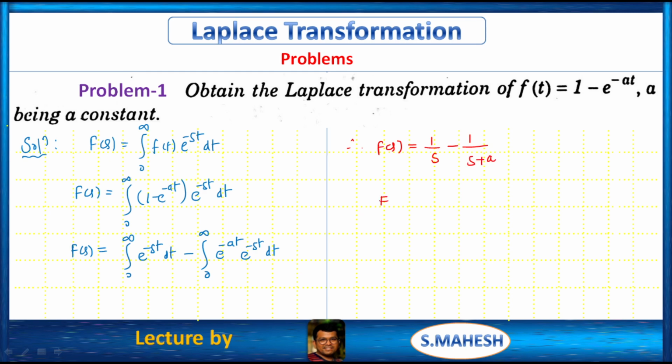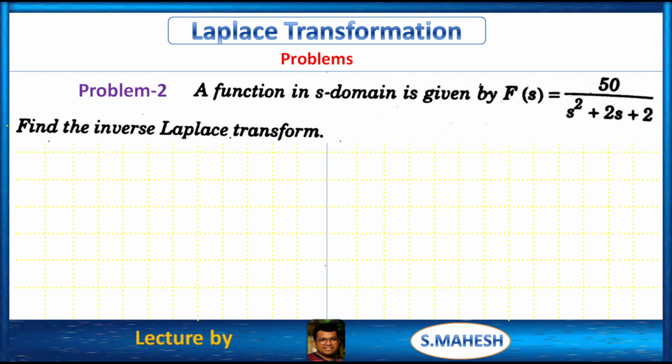So F of s is nothing but (s plus a minus s) by s into (s plus a). Therefore F of s is nothing but a by s into (s plus a). Like this we can do the analysis. So this is the given f of t, and this is the Laplace transformation of this function.